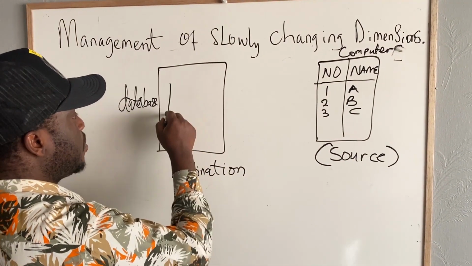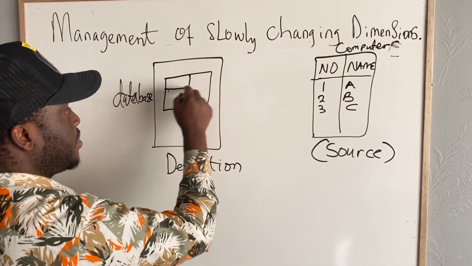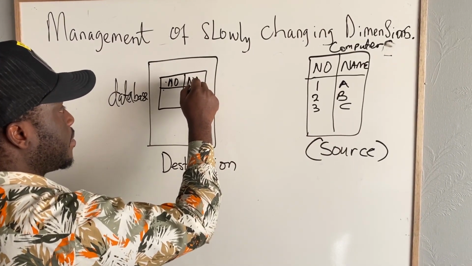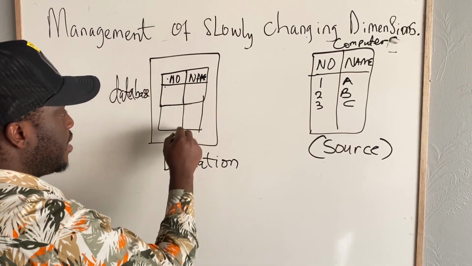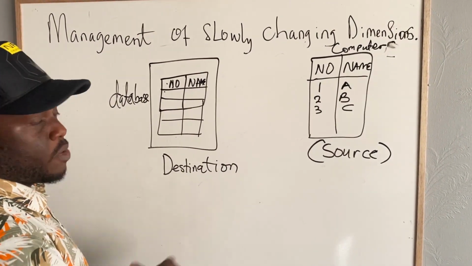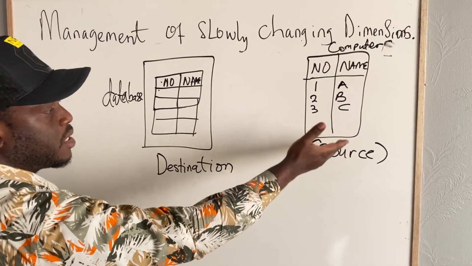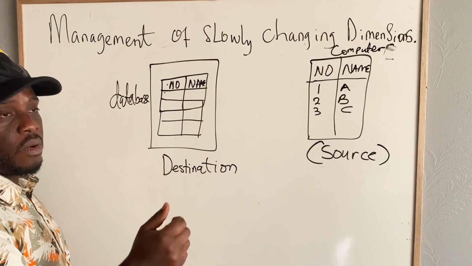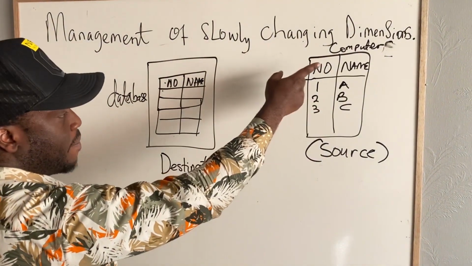In your database, you have a table that has number and name. This is a table in your database. The idea is you want to be moving all your data from your computer, which is your source, to your database inside this table. Mind you, what I want to demonstrate is how to capture slowly changing dimension.